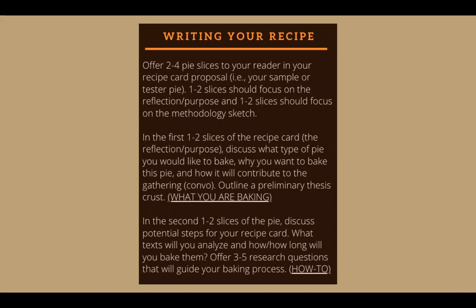That would give you 2 pie slices. You could do 2 slices on reflection/purpose and 2 slices on methodology sketch, which would give you 4 paragraphs total. Or you might mix and match, where one section gets 1 slice and one section gets 2 slices. It's up to you. But we know for certain that at minimum, there should be 2 pie slices or 2 paragraphs in your research proposal. And at maximum, there should be 4 pie slices or 4 paragraphs.